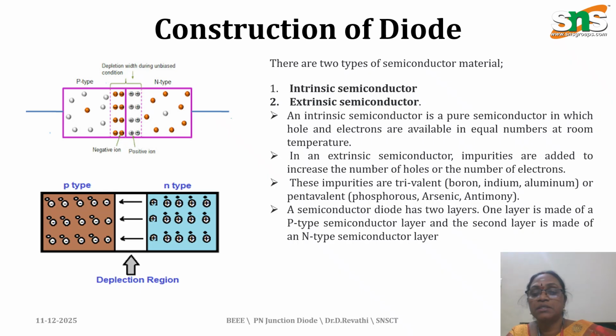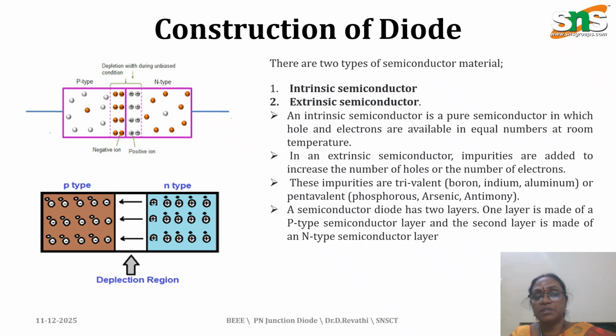A semiconductor diode has two layers. One layer is made of P-type and the other is N-type. Here I will show you the diagram, with the P-type and the N-type in color.